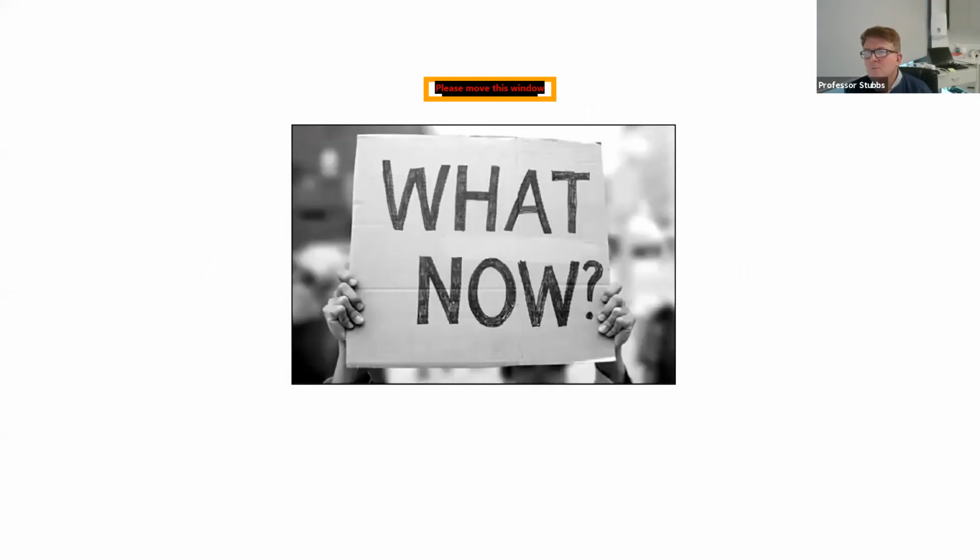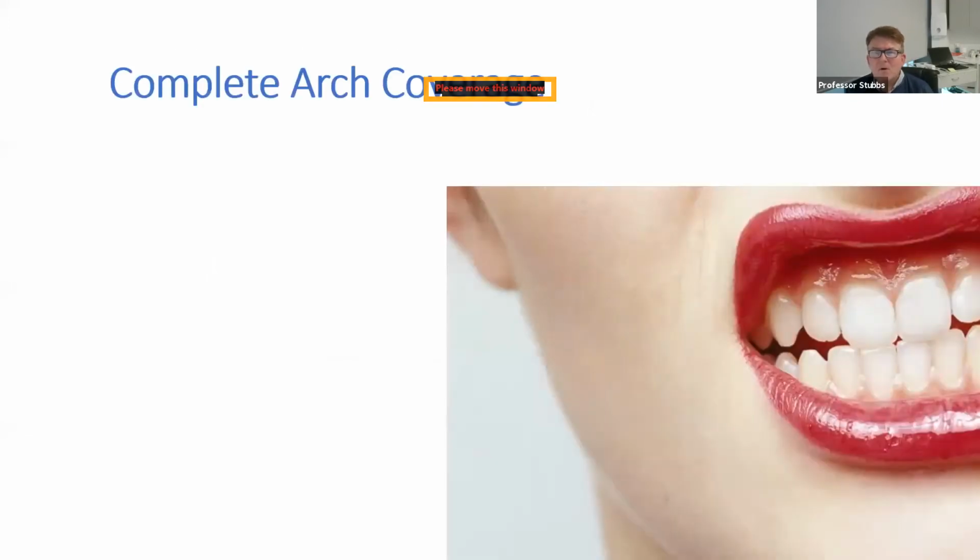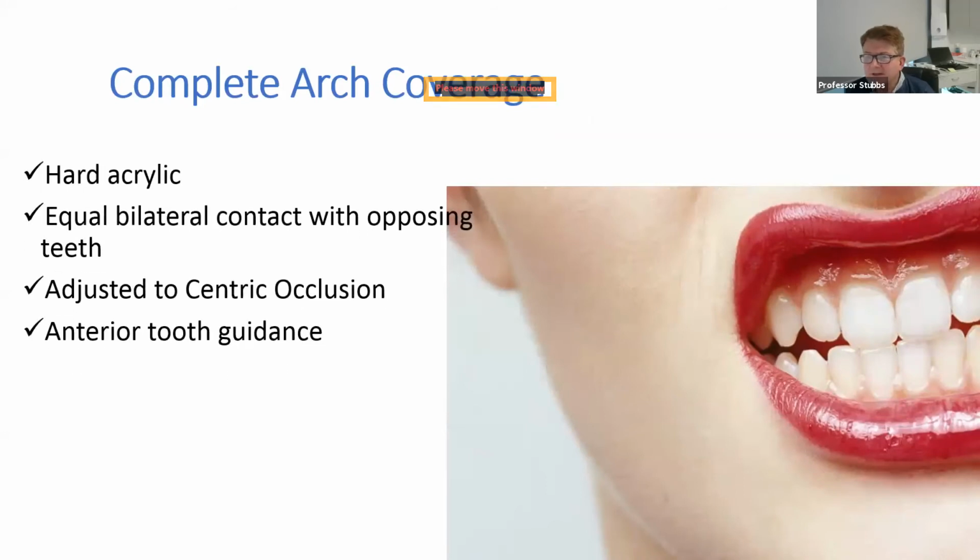So where do we go from here? Well, I think it's fair to say complete arch coverage using a splint, usually a maxillary, is most popular because when you have the maxillary full upper arch coverage, just by nature of when the patient bites on the device, it actually holds the cheeks and the lips out rather than they tend to bite the cheeks. But there is no difference between the value of a lower or upper splint.